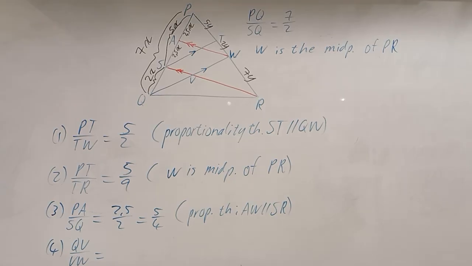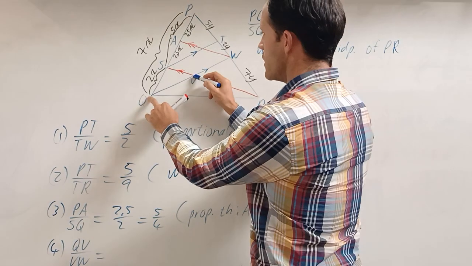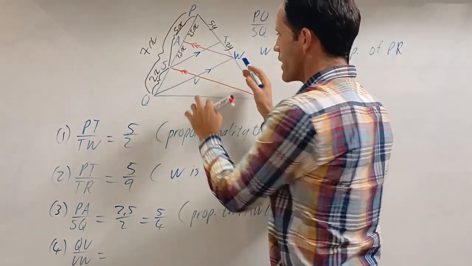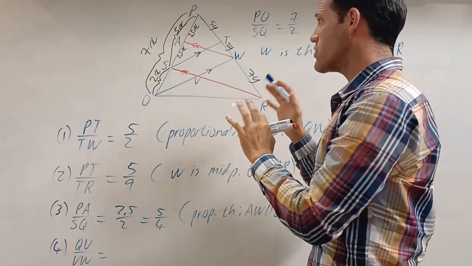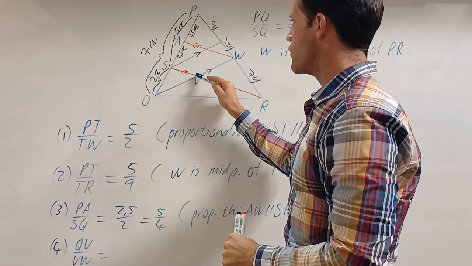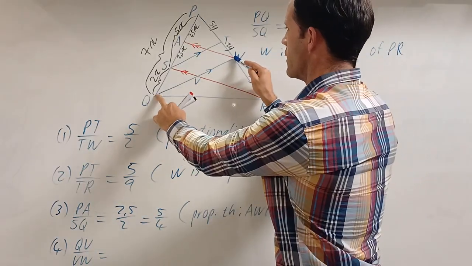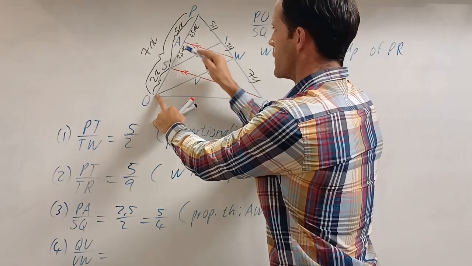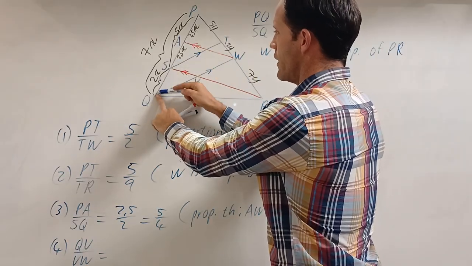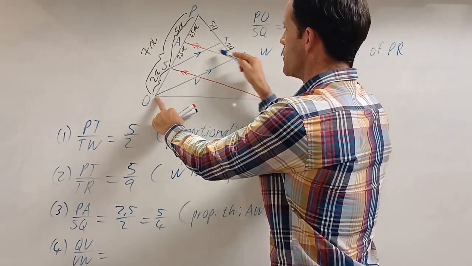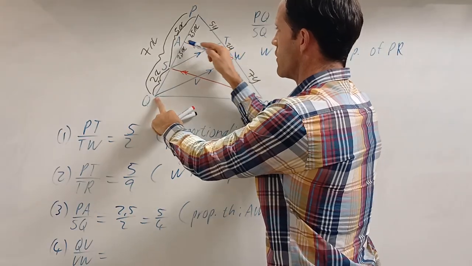So for QV over VW, you're going to look carefully here now which triangle to use. QV, VW is this line. And if you look at this parallel line there and there, then it looks like we have to use QWA, that triangle.